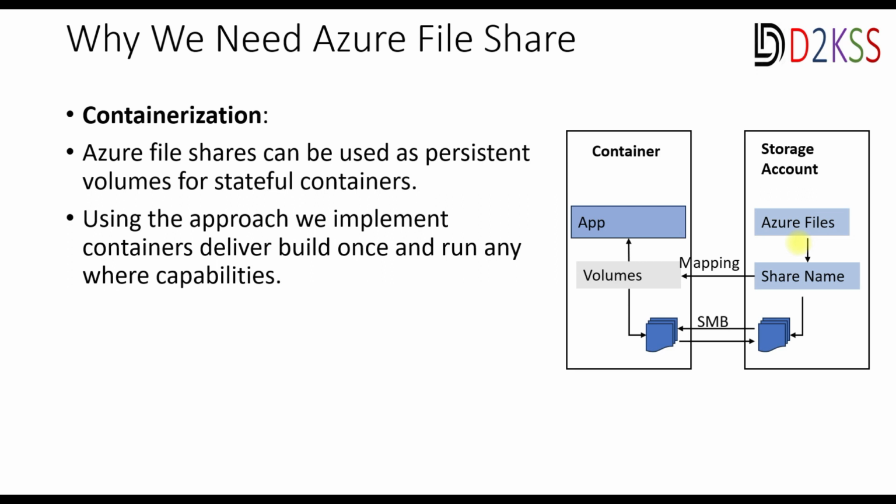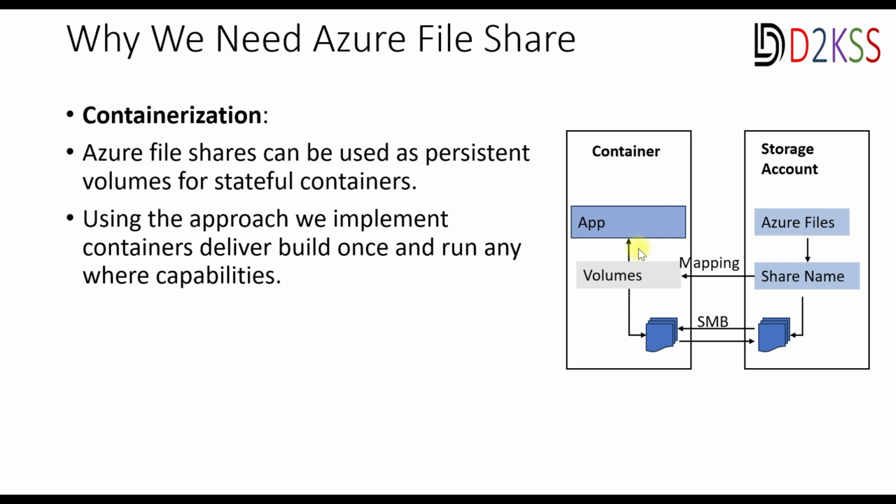The advantage of this approach is that you can build the container one time and run that container anywhere in the world. Why? Because the state is maintained in the storage account, and you can access that state anywhere and map the volumes to the storage account and that particular container.